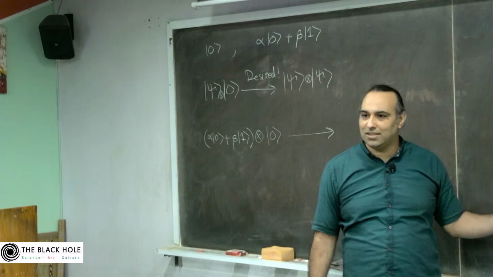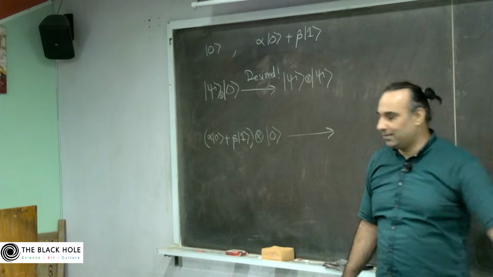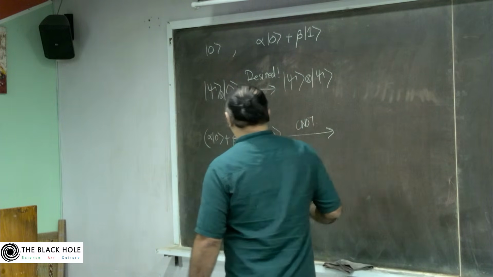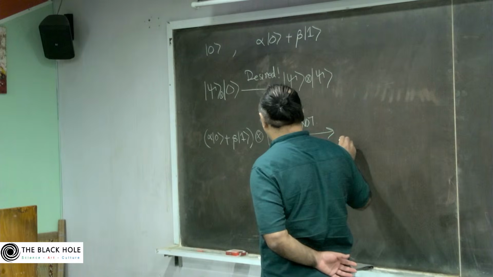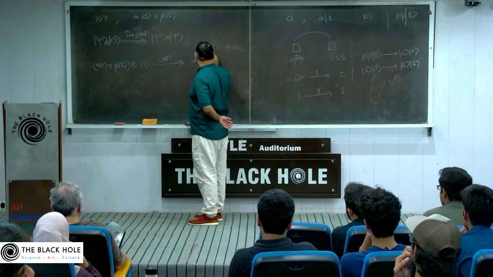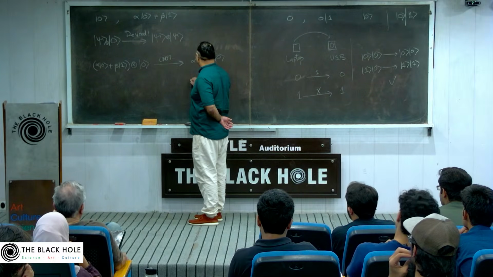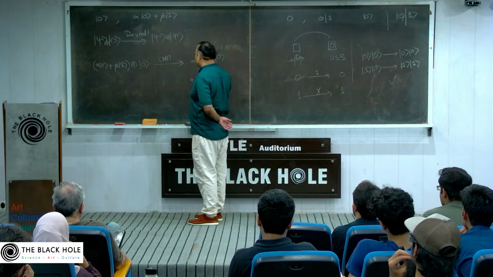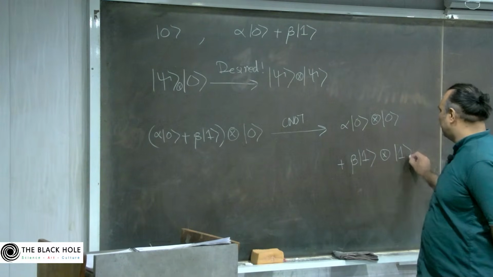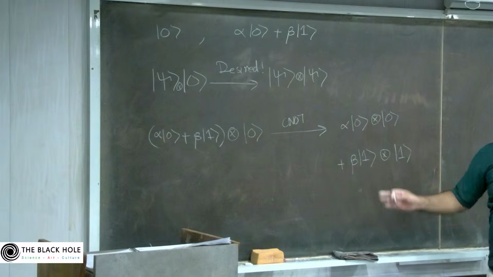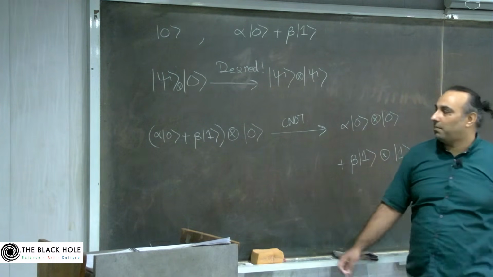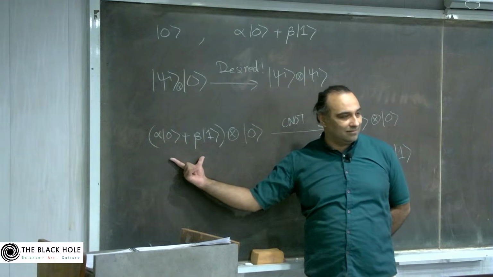If it's 0, it doesn't do anything. If it's 1, then it flips that. So basically it's a CNOT. Then we get this one. We copied those bits, but we did not copy this state.